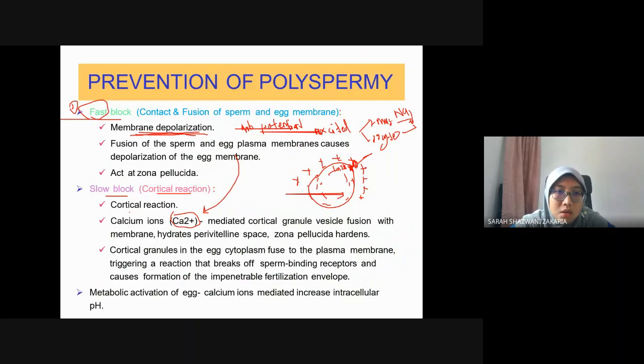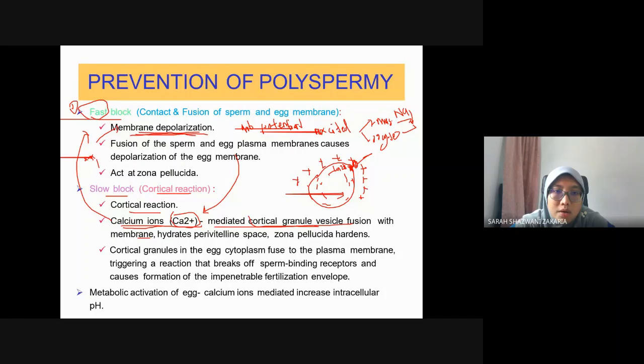The cortical reaction also releases calcium ion mediated cortical granule vesicle fusion with the membrane. Calcium mediated, meaning these cortical granules fusing with the membrane is mediated by calcium. So the membrane depolarization is due to calcium entering or exploding.